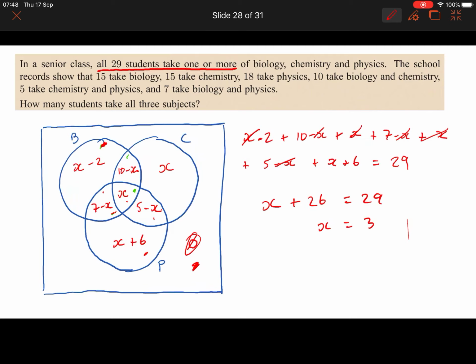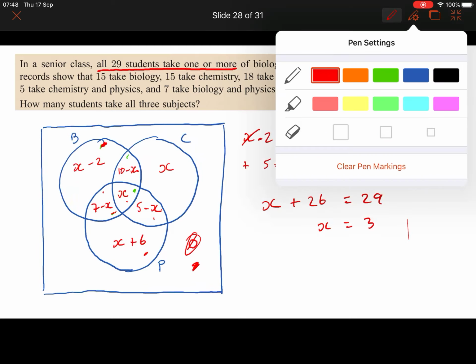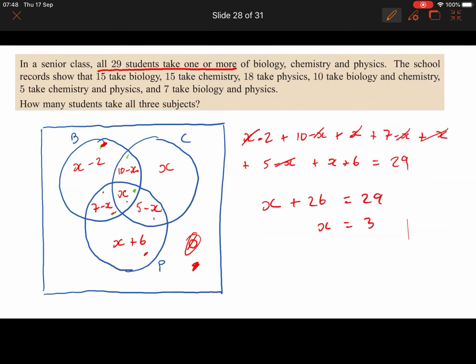Okay? So what I'm going to do now is put in the numbers. So I just want to check I've got it right, basically. So this should be 3. This should be 1. This should be 7. X is 3. This should be 3. This should be 4.